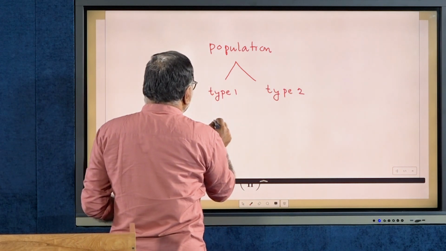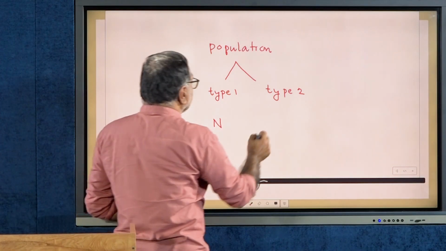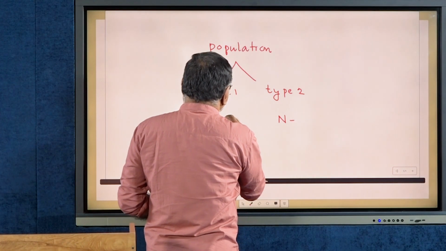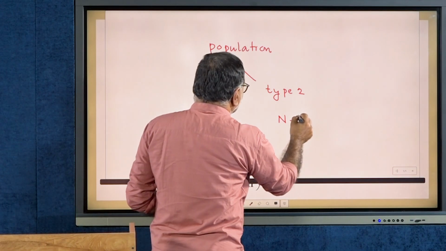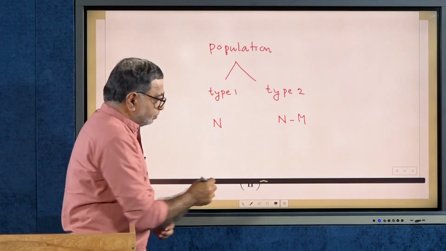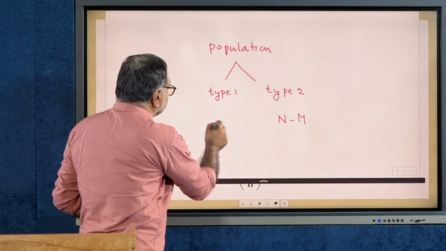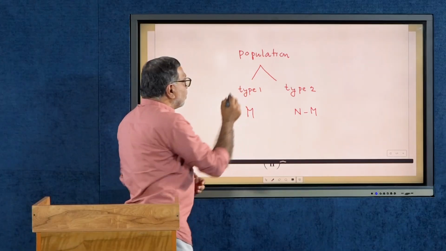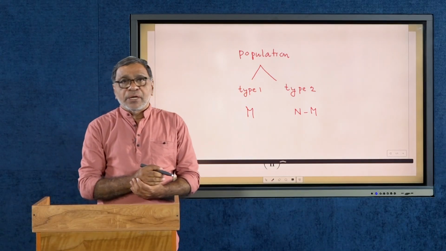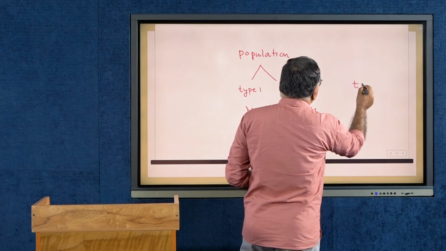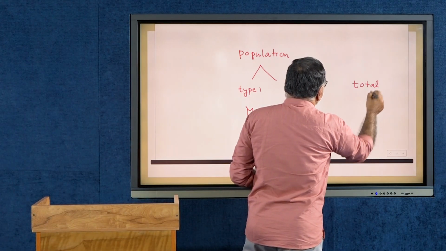Type 1 has m items and type 2 has n minus m, so the total is n items.